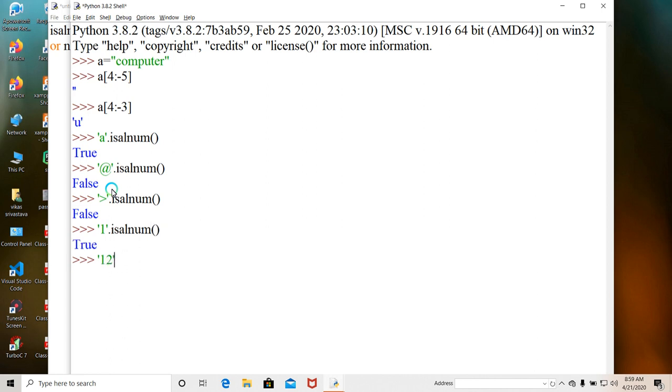One more thing, don't be confused: it returns true here because it only takes the first index value. So you are thinking I may pass here, oh, it is correct. Wait a minute, wait a minute, wait a minute.